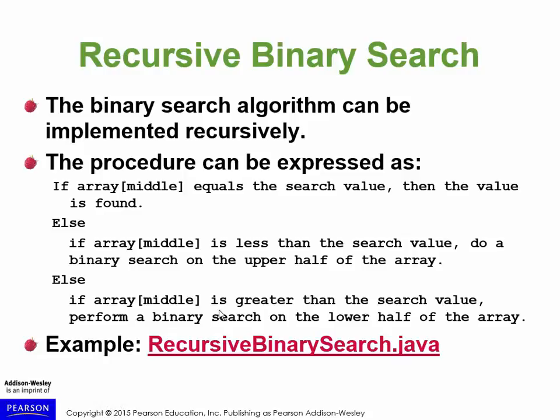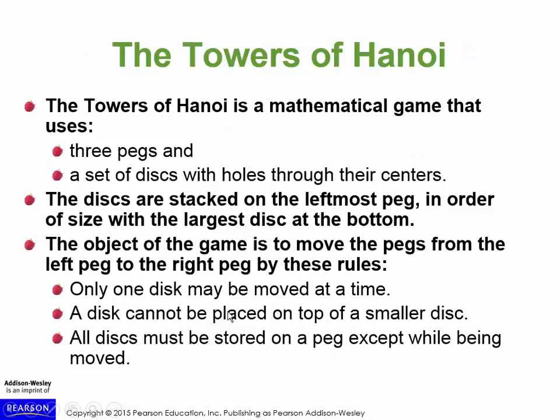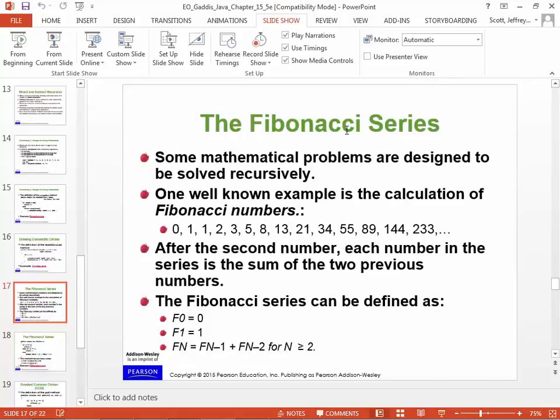Finally, they end up talking about a recursive binary search. As it says, if the middle equals your search value, you're done. Otherwise, if it's less than it, you just check the upper half. Otherwise, you check the lower half. Okay, Towers of Hanoi. We'll take a look at it in the book in just a minute. So that's pretty much it for this.